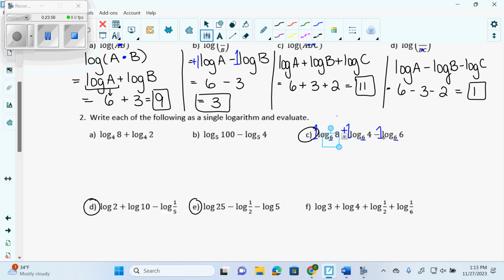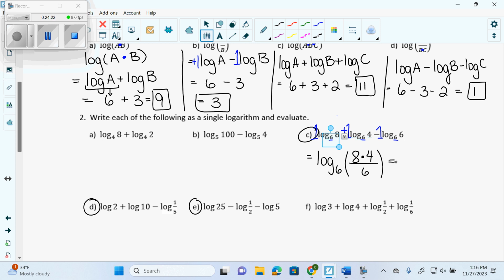Okay? So we're going to get log base 6. That doesn't change. Anything with a plus 1 in front goes in the numerator. Anything with a minus 1 in front goes in the denominator. So the first one has a plus 1 in front, 8 goes in the numerator. Next is a plus 1 in front, 4 goes in the numerator. The next one has a minus 1 in front, so the 6 goes in the denominator. If I have more than one item, I multiply.